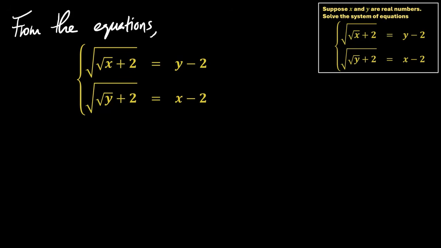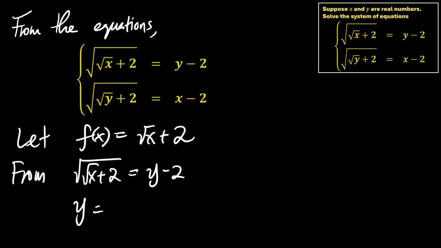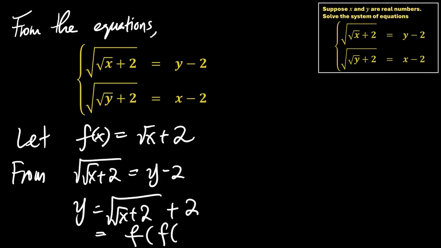Okay, now we will let f(x) be the square root of x plus 2. Then from the first equation, the square root of x plus 2 equals y minus 2. Y will equal the square root of x plus 2, plus 2, and this actually equals f(x).